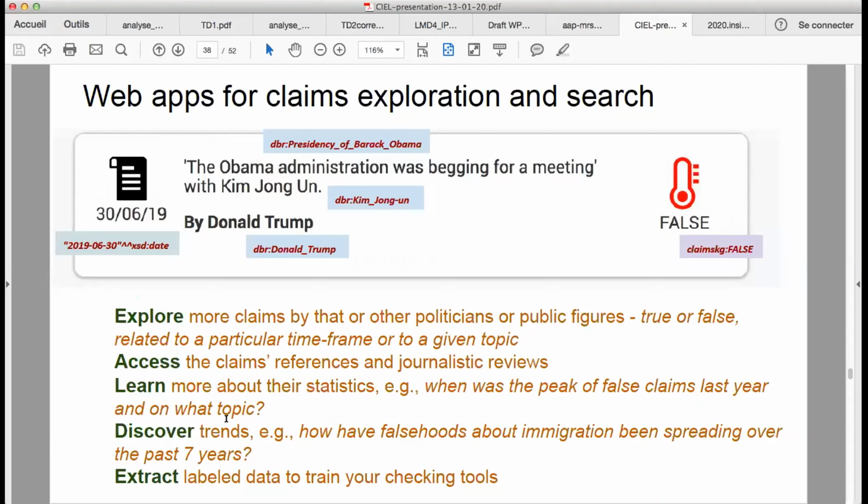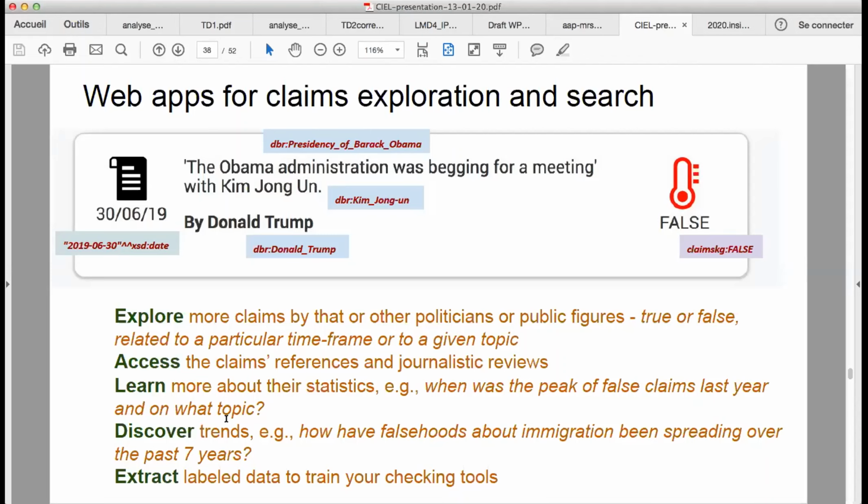These applications also allow us to learn more about the statistics. For example, when was the peak of false claims last year and on what topic? This can also allow us to discover different trends. For example, how have falsehoods about immigration been spreading over the past 7 years, say?